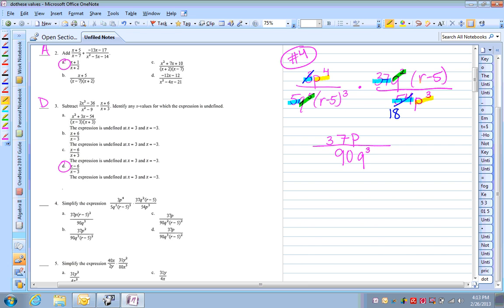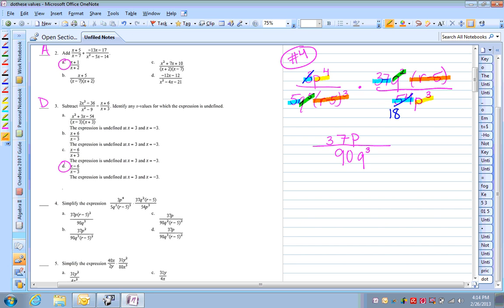Now we need to look at r minus 5. And I have an r minus 5. I'm going to go ahead and try to find another calculator or highlighter color. Okay, so r minus 5 on the top is 1 r minus 5, and on the bottom I have 3 r minus 5.